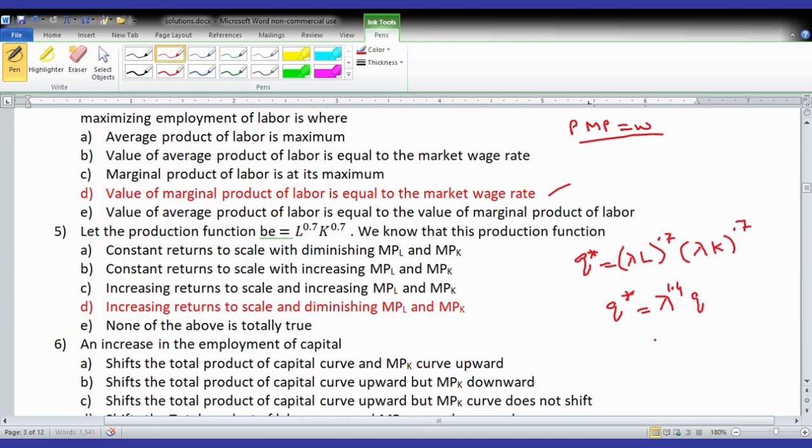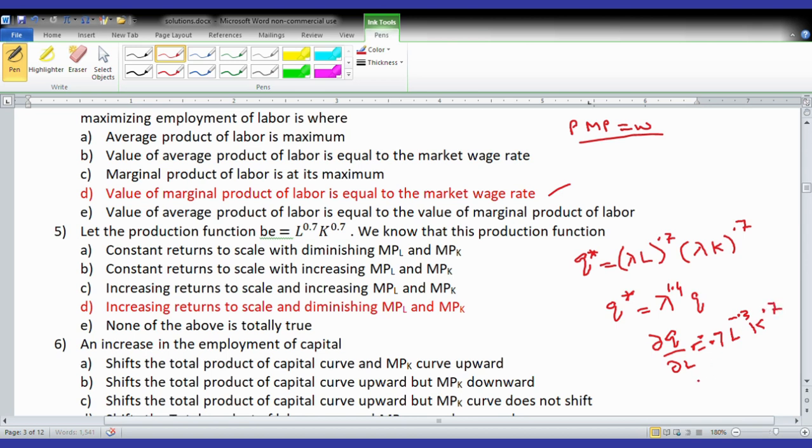But side by side, if we take the partial derivative of this with respect to L, it will be equal to 0.7 multiplied by L raised to power 0.7 minus 1, equal to minus 0.3, and K raised to power 0.7, and this is the marginal product of labor.